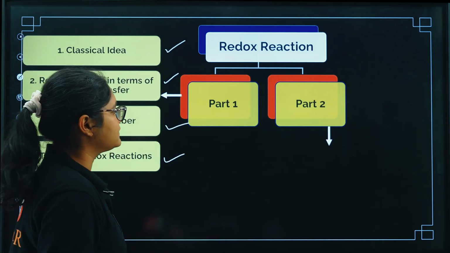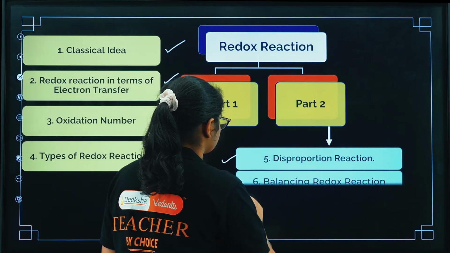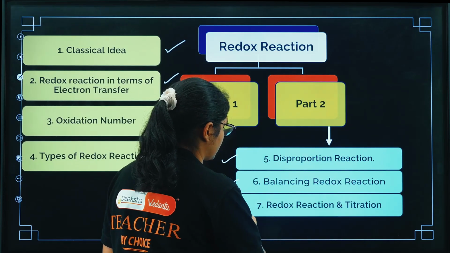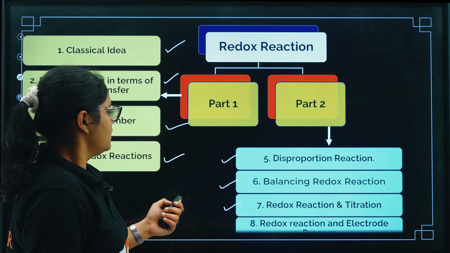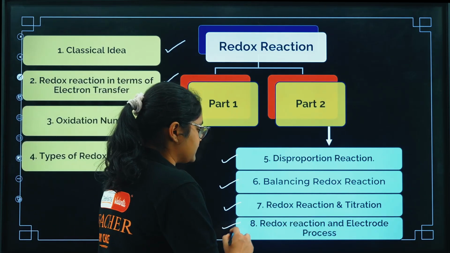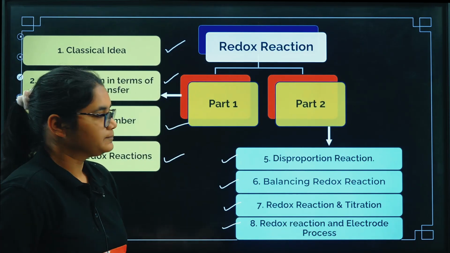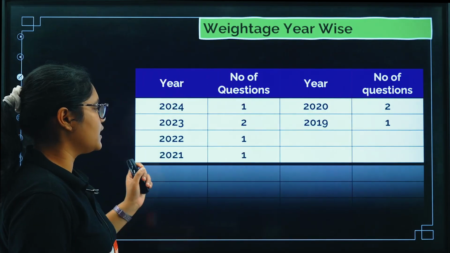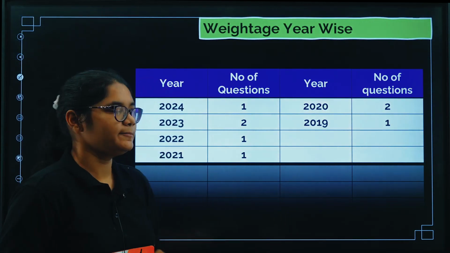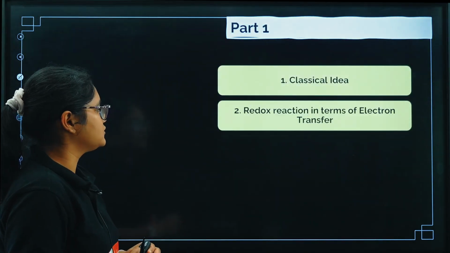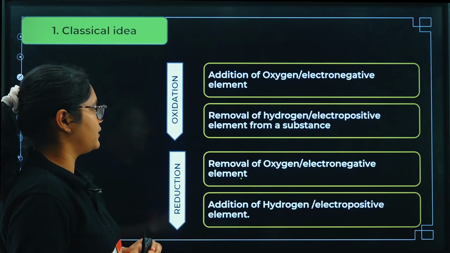In part 2 we'll get disproportionation reaction, balancing redox reactions and titration. Then we'll discuss redox reactions and electrode processes. Year wise weightage, you can expect one question every year.